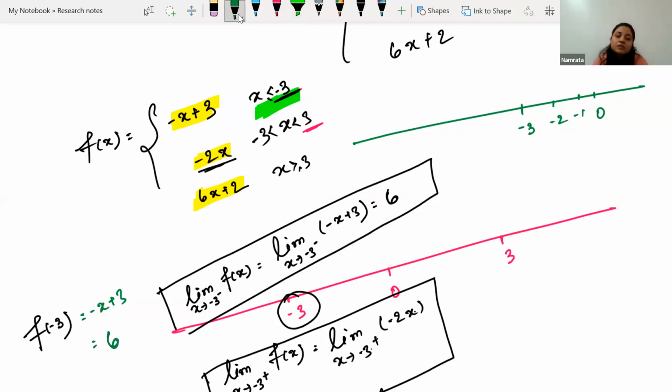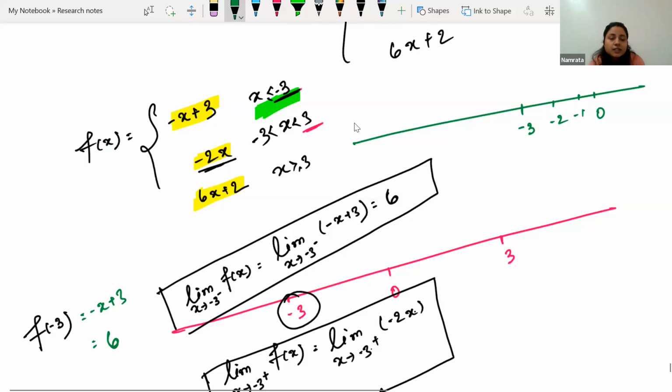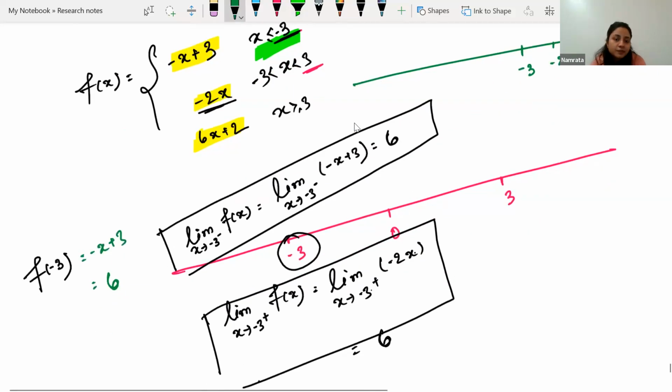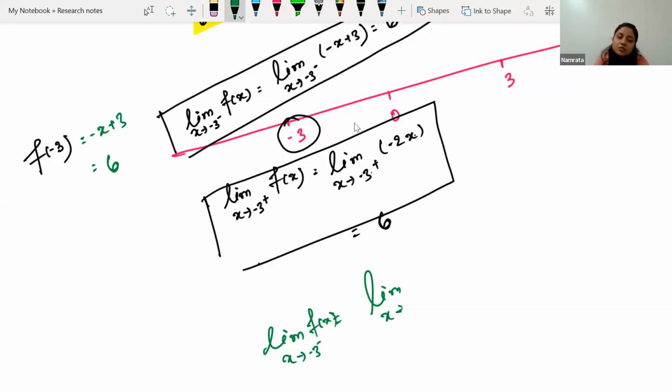So the left hand limit, right hand limit, and function at the given point are all the same. So we can say the function is continuous at -3. Limit x tends to -3 minus f of x equals limit x tends to -3 plus f of x equals f of -3.